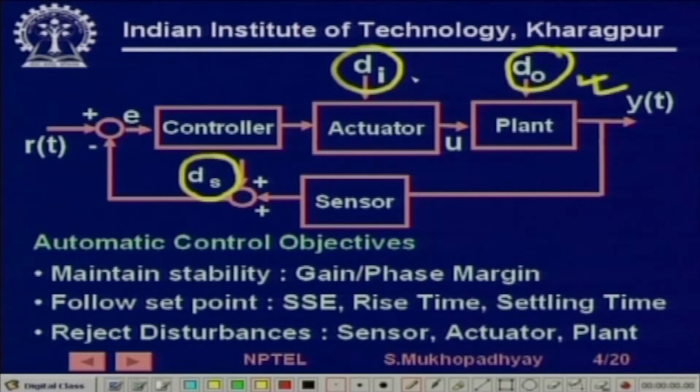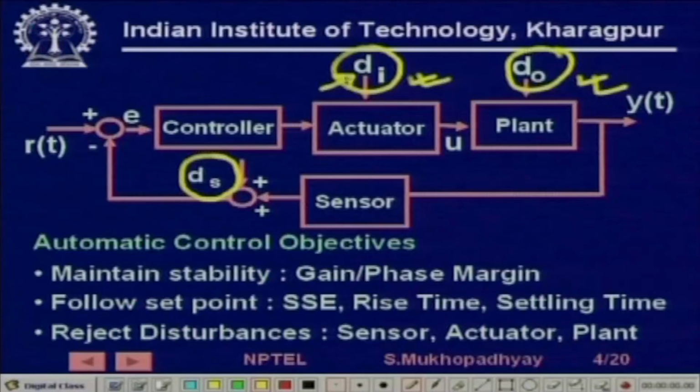There could be input disturbances from the actuator. For example, if you have a hydraulic actuator, one of the main things in the actuator is basically an amplifier. It amplifies power, and anything which amplifies power usually has a power source. So, the hydraulic actuator has an oil pressure source. Now, if the pressure of the oil changes, that would be an input disturbance to the actuator.